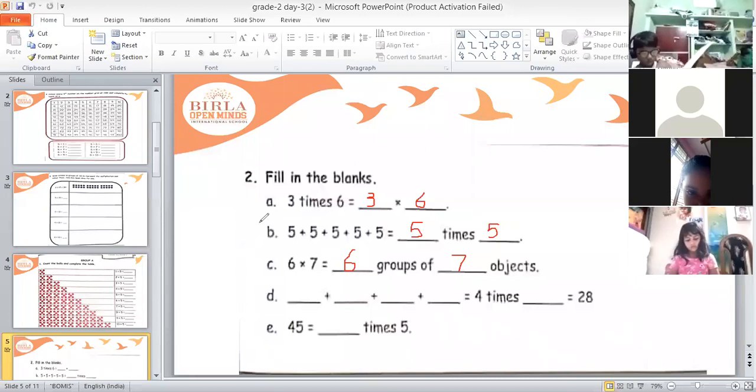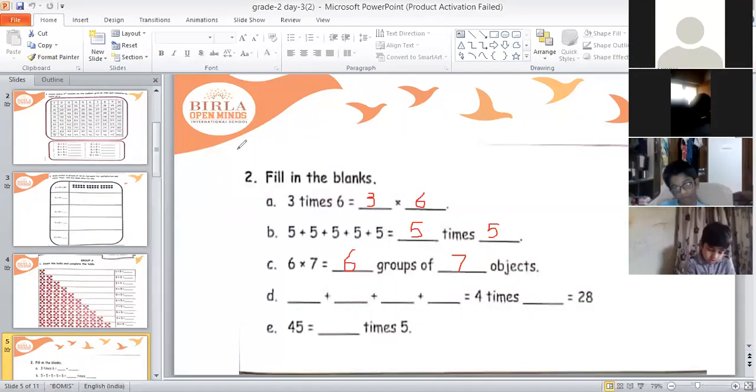Fast, quickly. 8. 4 threes are 12. 4 fours are 16. 4 fives are 20. Yes, yes. 4 sixes are 24. Yes. 4 sevens are 28.